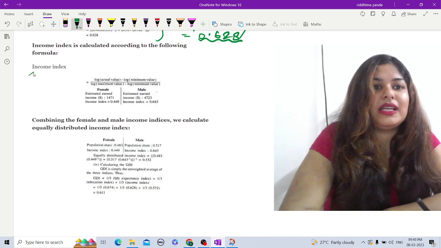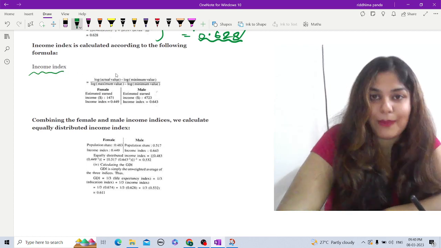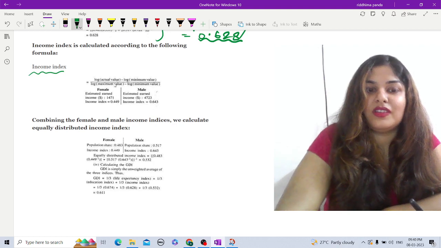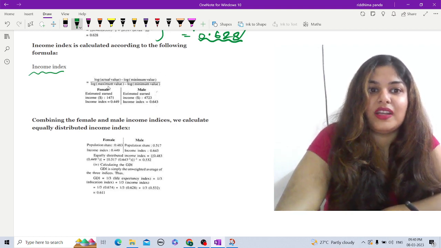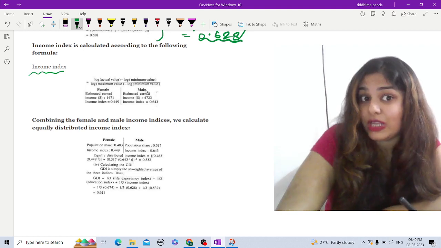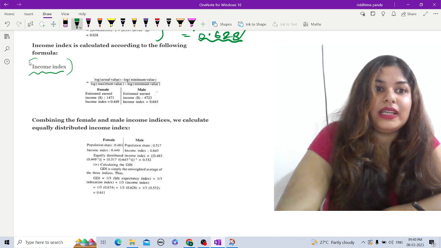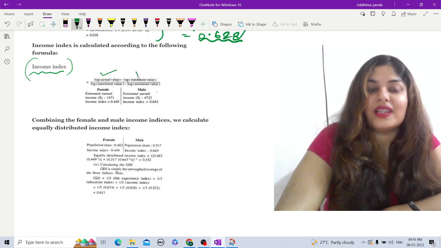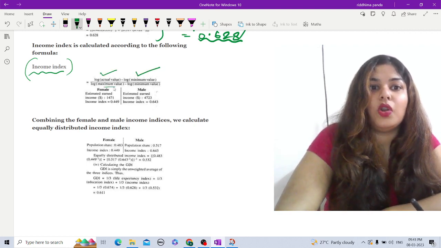So for the income index, the formula used for the dimension index uses log. We take the log value. Okay, so earlier we know that normally the dimension index is the actual value minus the minimum value divided by the maximum value minus the minimum value. So in order to calculate this for the income index, we take the log value. So log of actual value minus log of minimum value divided by log of maximum value minus log of minimum value.